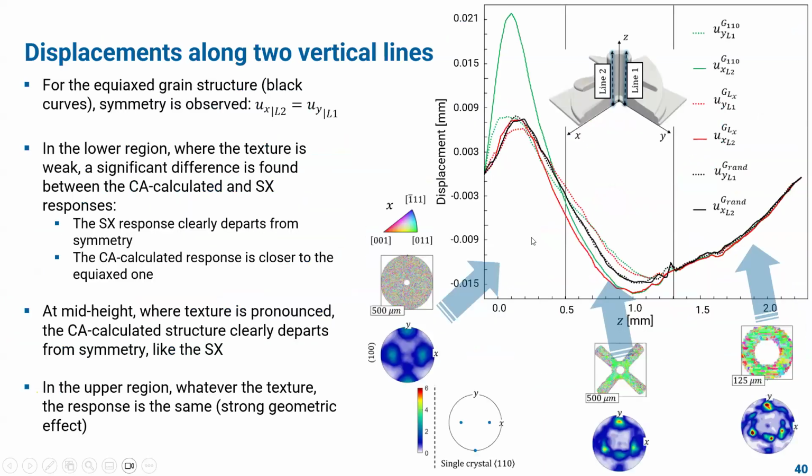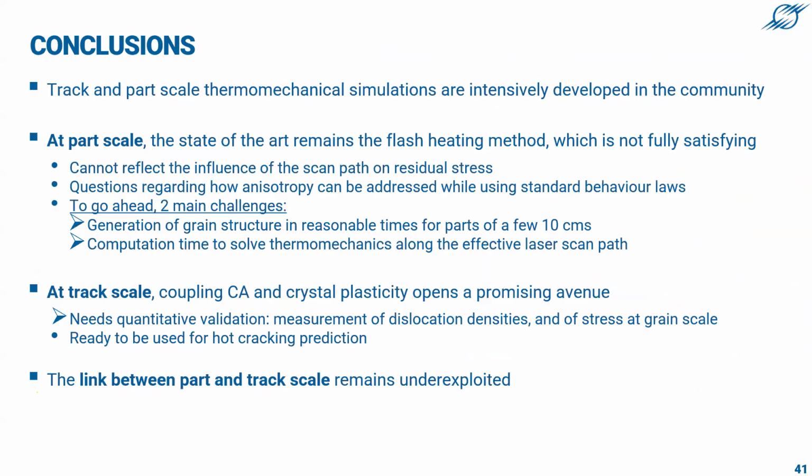So I will maybe not comment on this fully and insist more on the conclusion, since I understand that I should conclude. So the conclusions, and maybe there are some points that we can discuss together in the final session.